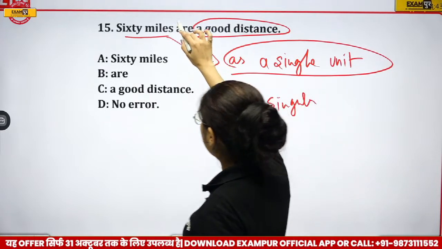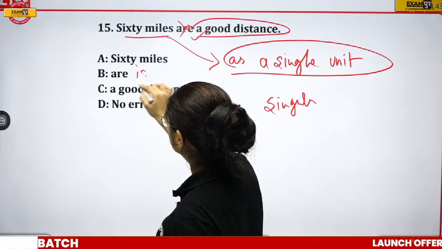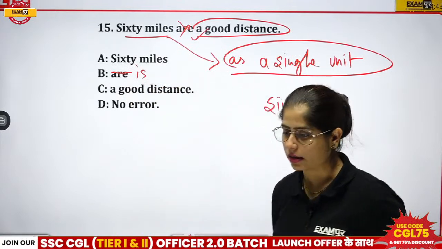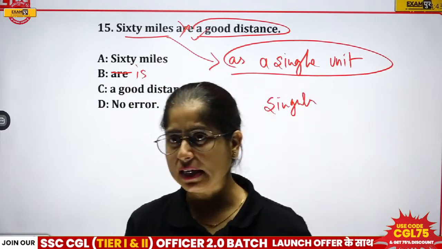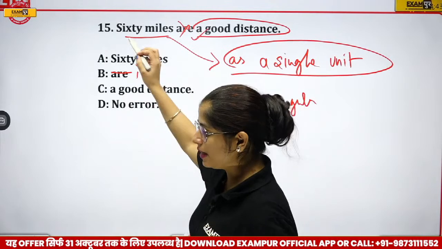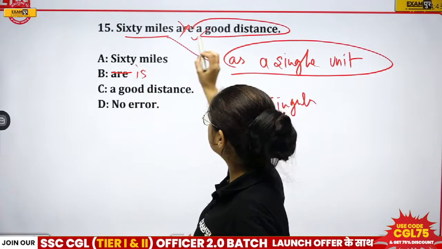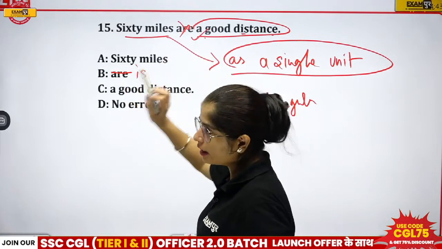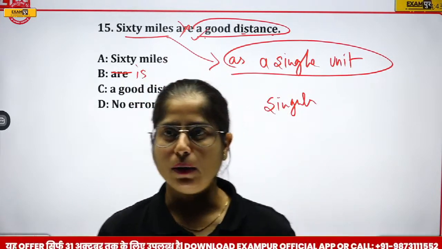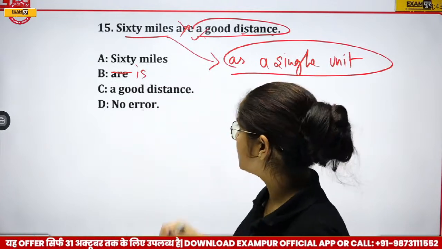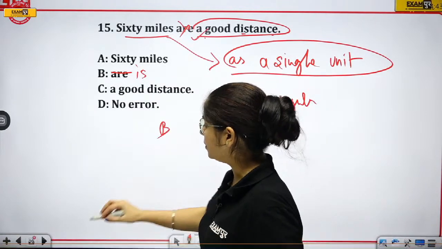So this R is incorrect. Instead of R, there should be is. 60 miles is a good distance. So two hints. One is 60 miles, which we are using as a single unit, and here a good distance itself tells you that there is the need of a singular helping verb, not the plural one. Understood? Yes. So the error lies in part B.